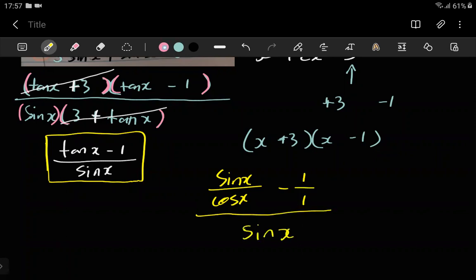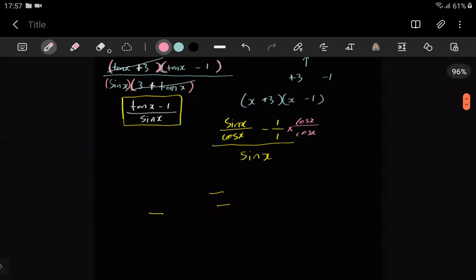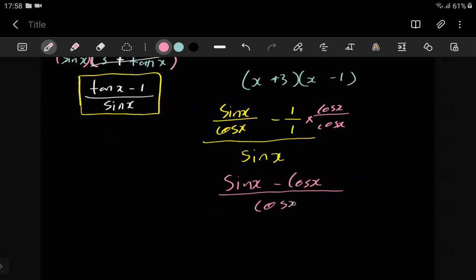And then the top part looks like the only place where something can happen. So for the top, we can have an LCD here. The lowest common denominator is cos x. So there's cos x here, cos x there. At the top, we will have sine x minus cos x, the whole thing over cos x, right?